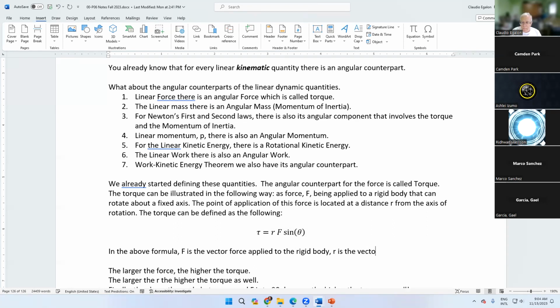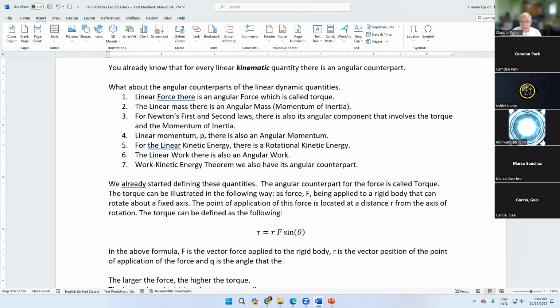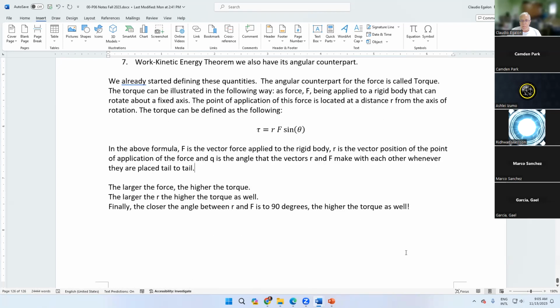R is the vector position of the point of application of the force, and theta is the angle that the vectors R and F make with each other whenever they are placed tail to tail. That's how we measure the angle theta.